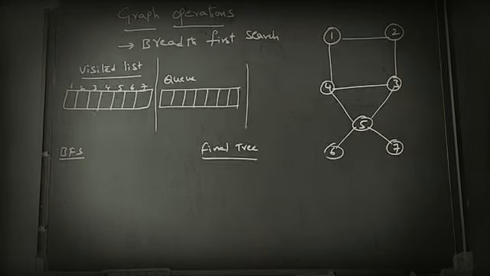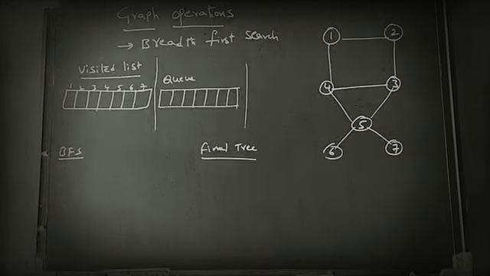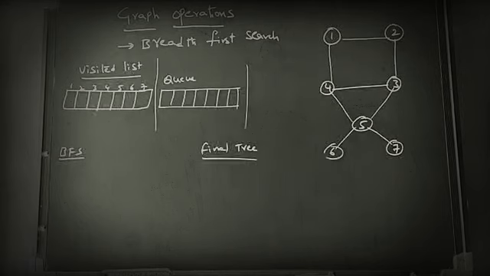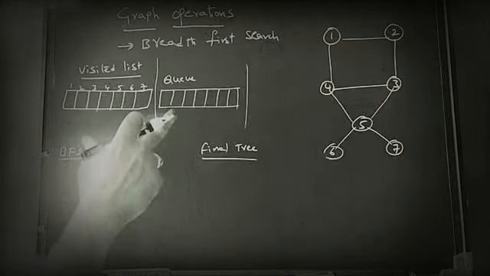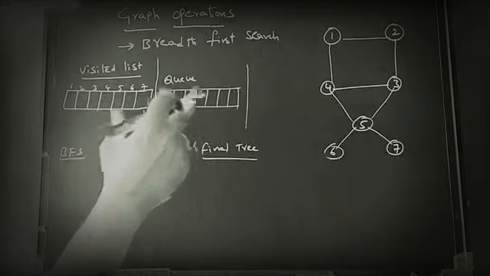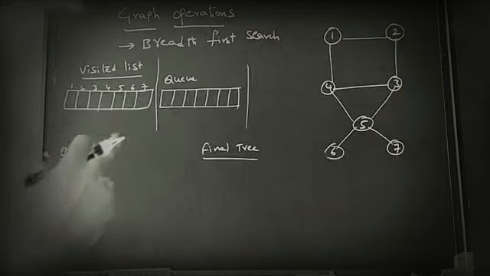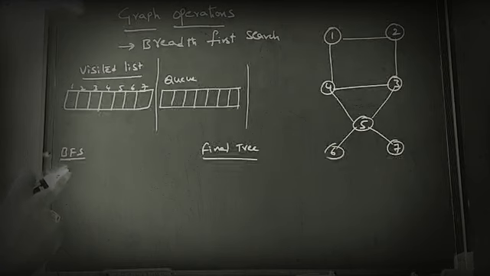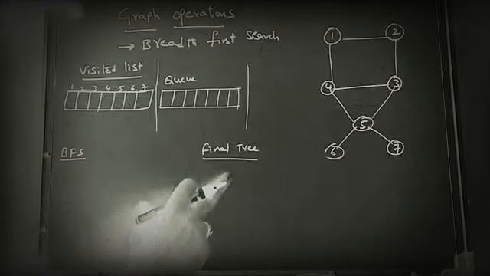Let us take an example graph. The graph consists of 7 nodes. I take some data structures. One is the queue, which is used to store the visited nodes, and then the final order of BFS and the final tree.